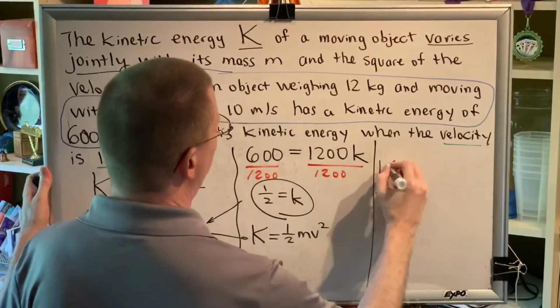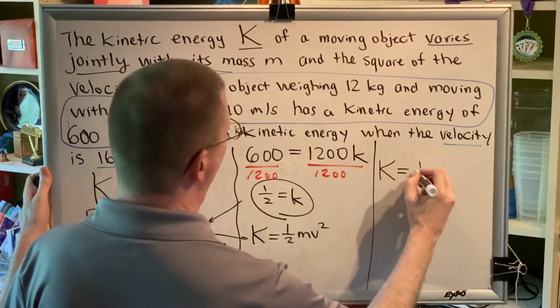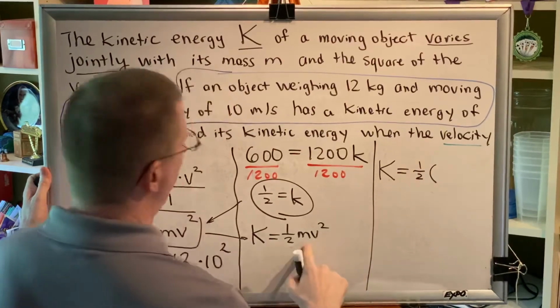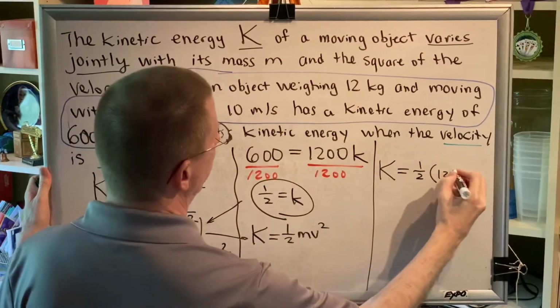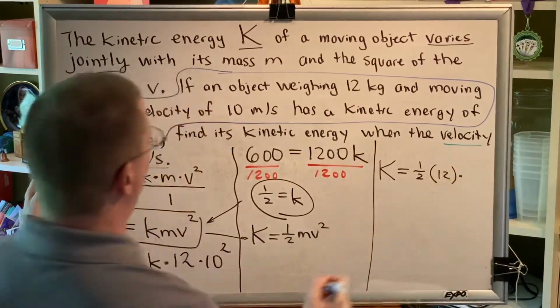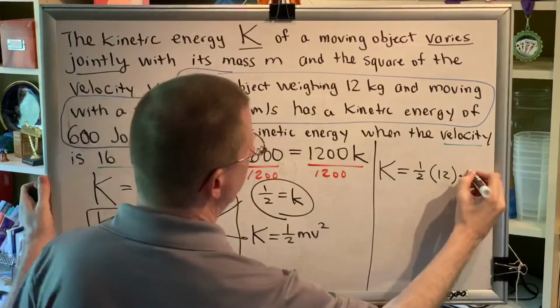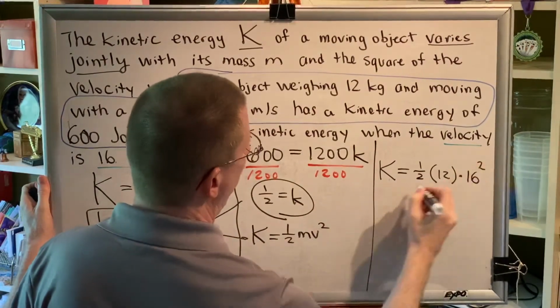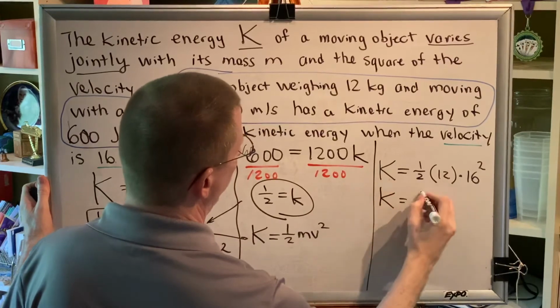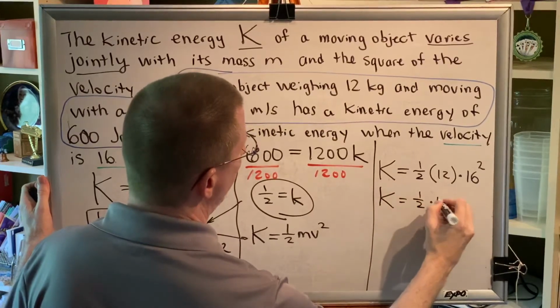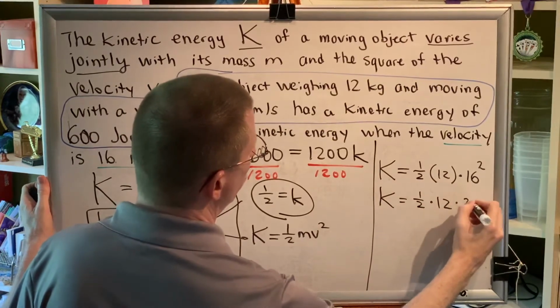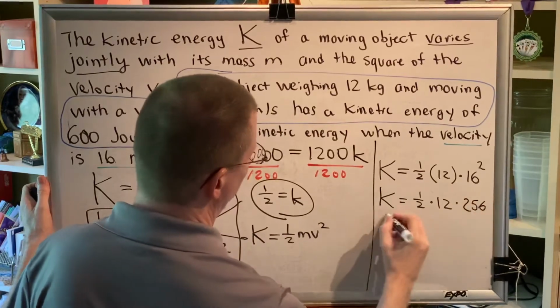So now we plug in. Capital K equals 1/2 times the mass, which is still 12, times the velocity, which has now increased to 16, squared. So we get 1/2 times 12 times 256.